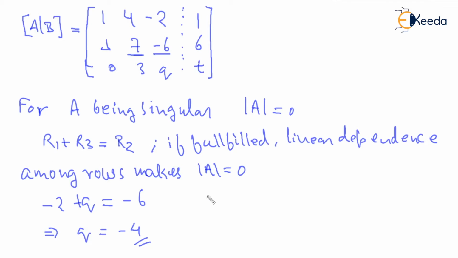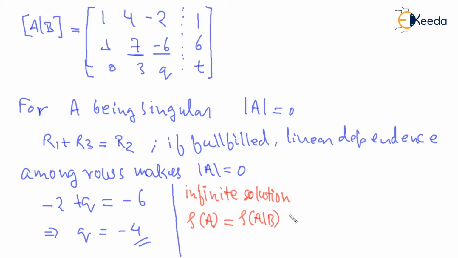And we also know that this part is done. We also know that for infinitely many solutions, we have studied that rank of A should be equal to rank of A augmented B and should be less than n.